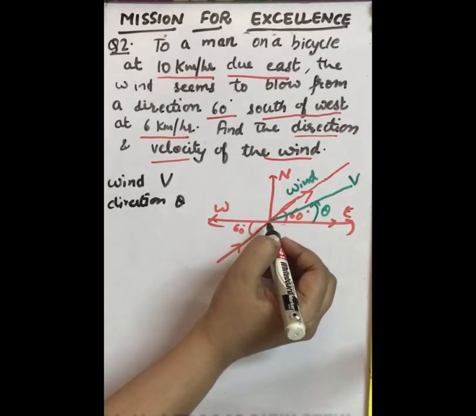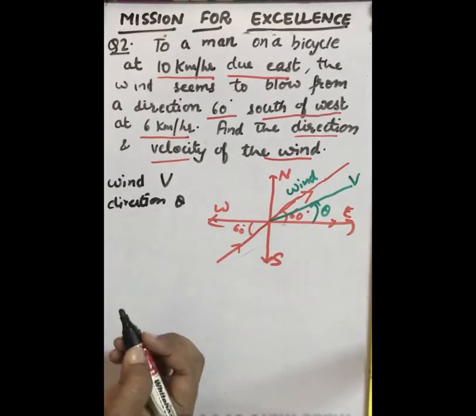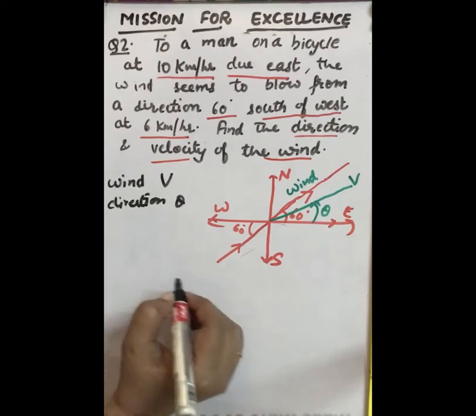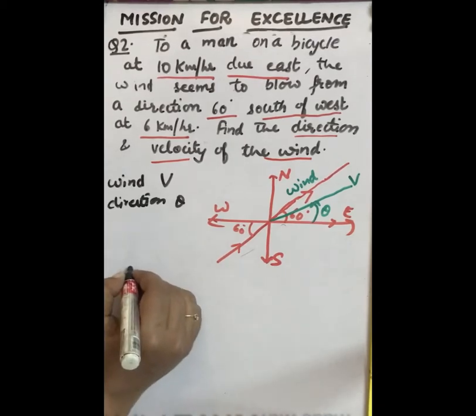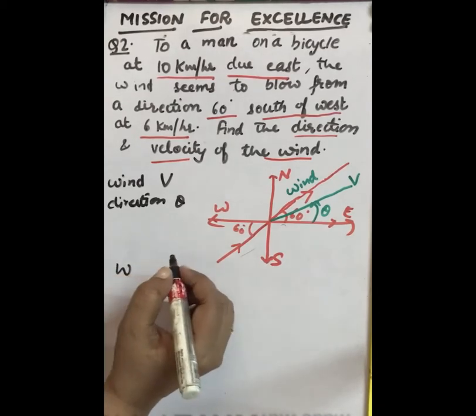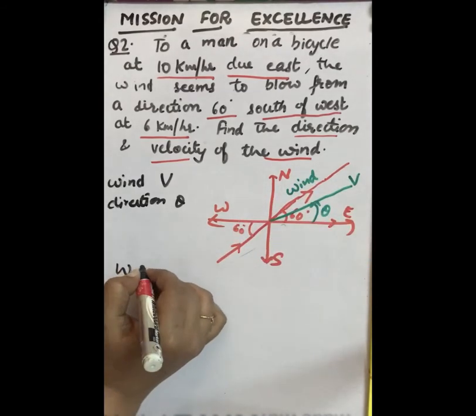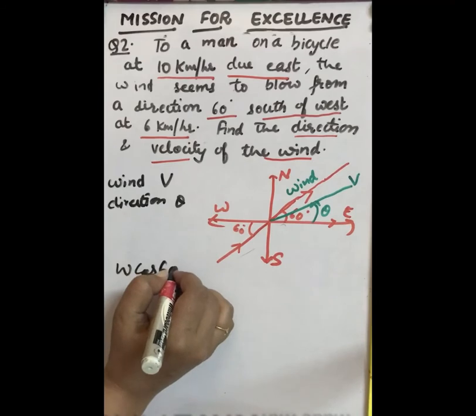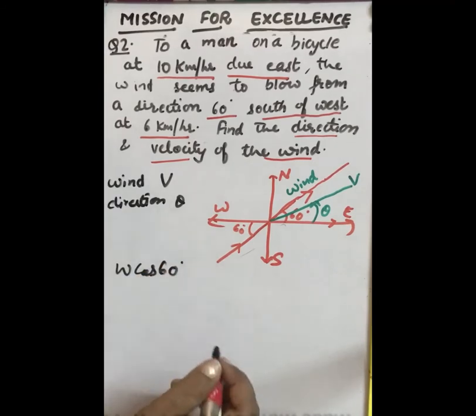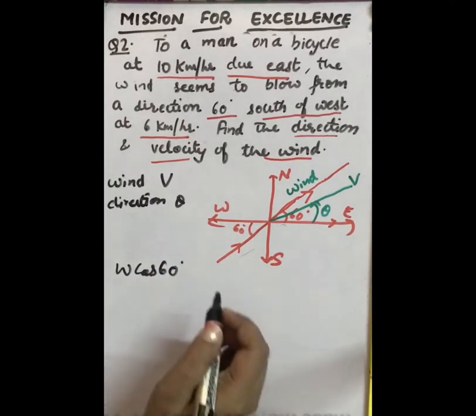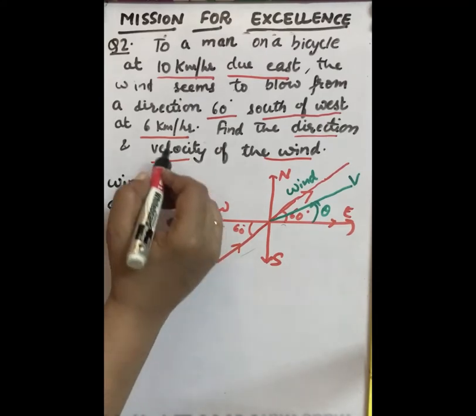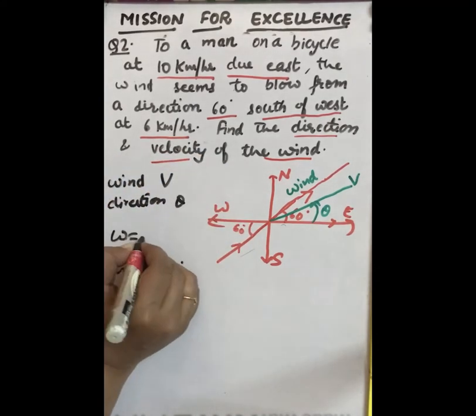So now let us take the component. This is the relative velocity of the wind that is given. So we take the relative velocity of the wind as W cos 60. W is the given velocity, that is 6 kilometer per hour.